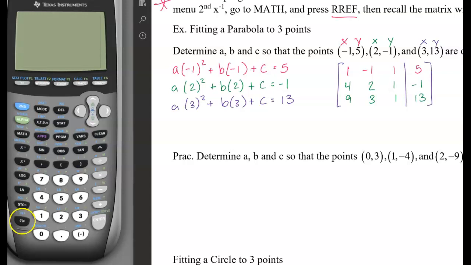So now all I have to do is get my row reduced echelon form by going to second inverse math RREF, then alpha zoom 3×4 again, and input 1, 1, -1, 1, 5, 4, 2, 1, -1, 9, 3, 1, 13.